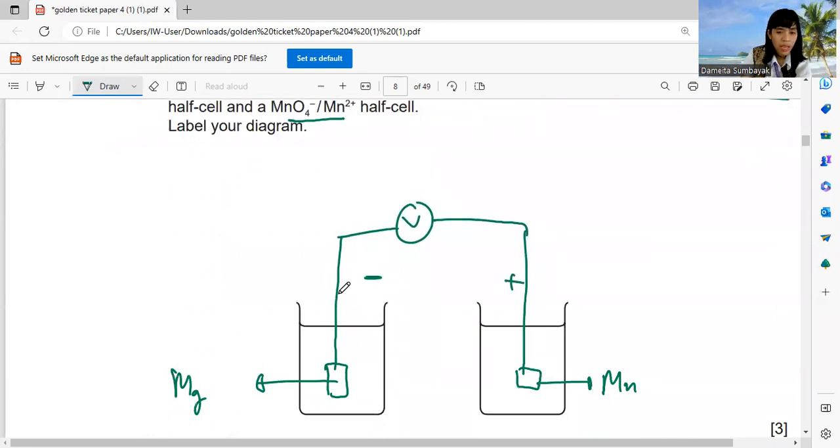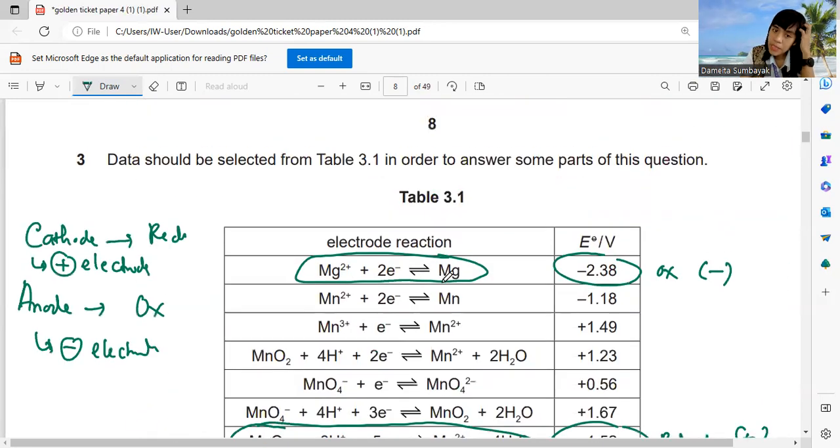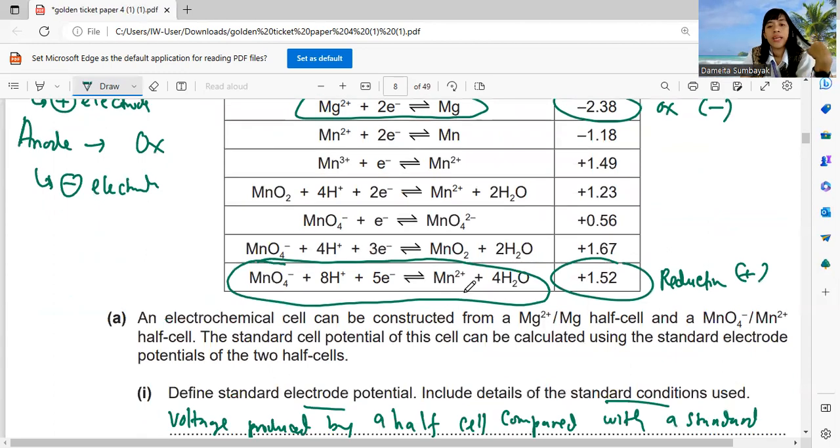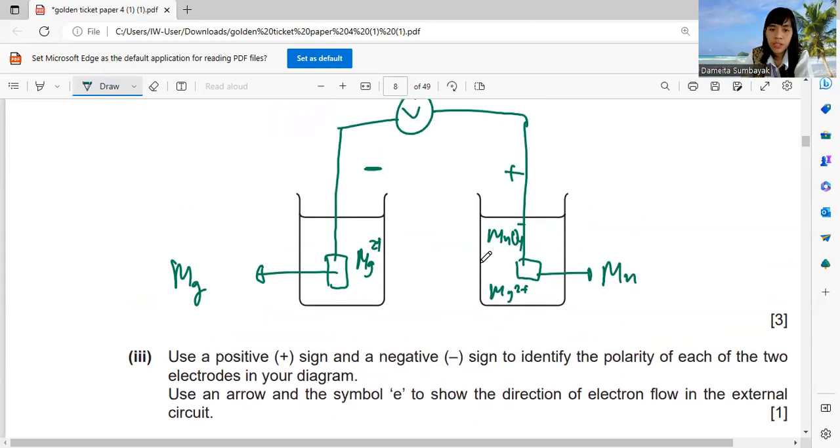Okay, next, in here we have ions. The ion in the Mg half cell is Mg2+, whereas in the Mn half cell there are two ions, MnO4- and Mn2+. So we can add it here. There is Mg2+ right here. There are MnO4- and Mn2+ ions there. Then don't forget to connect this by a salt bridge.